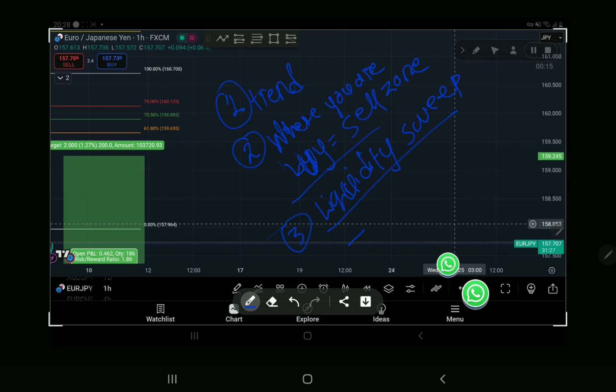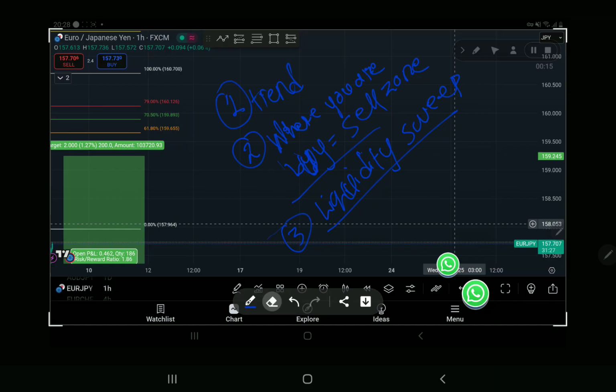Let's take an example. If the market is going like this, this point is a liquidity zone, this one is a liquidity zone, and this one too. If it is coming down like this, this is a liquidity zone, and so on. They are all liquidity zones. Support and resistances are liquidity zones. Now it depends on how you are going to be applying them.